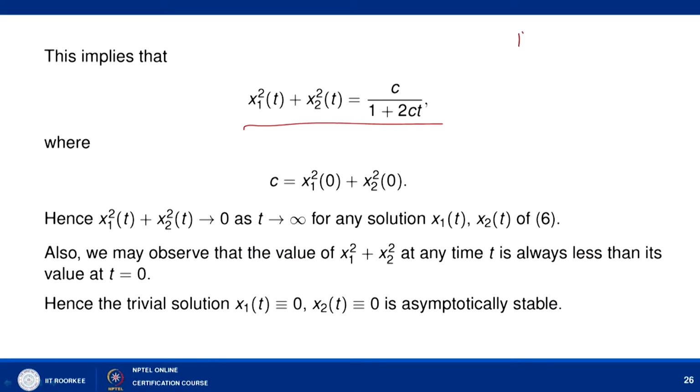Here we can assume that norm of x(t) square, let us say, is simply y, then it is given as dy by dt equal to minus 2 times y square, and we know how to solve this equation.